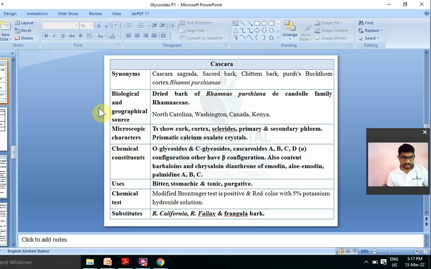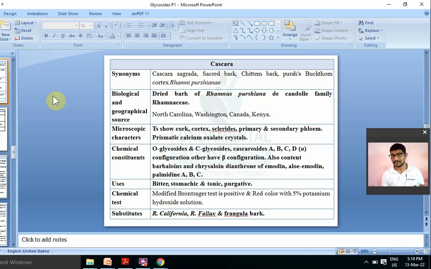Obviously, any glycoside containing O-glycoside, where oxygen is involved in bond formation, in any plant, if there is an O-glycoside, it will give a positive test. Borntrager test. So powder drug plus dilute sulfuric acid, hydrolyze with dilute sulfuric acid, then extract with an organic solvent like chloroform, ether, or benzene, and then add ammonia. So you will get a pink color with the presence of anthraquinone glycoside.